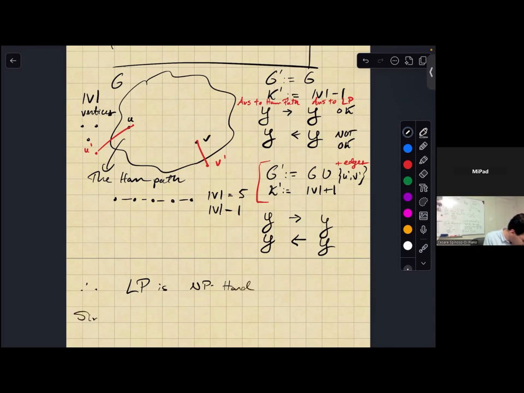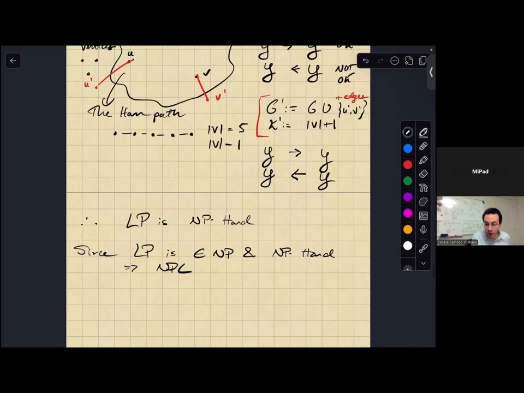And since LP is in NP and NP hard, this implies that it is NP complete. I.e., if we had a polynomial time algorithm that solved the LP problem, then all other problems in NP would be polynomial time, and we would have that P would be equal to NP, which would be pretty extraordinary.